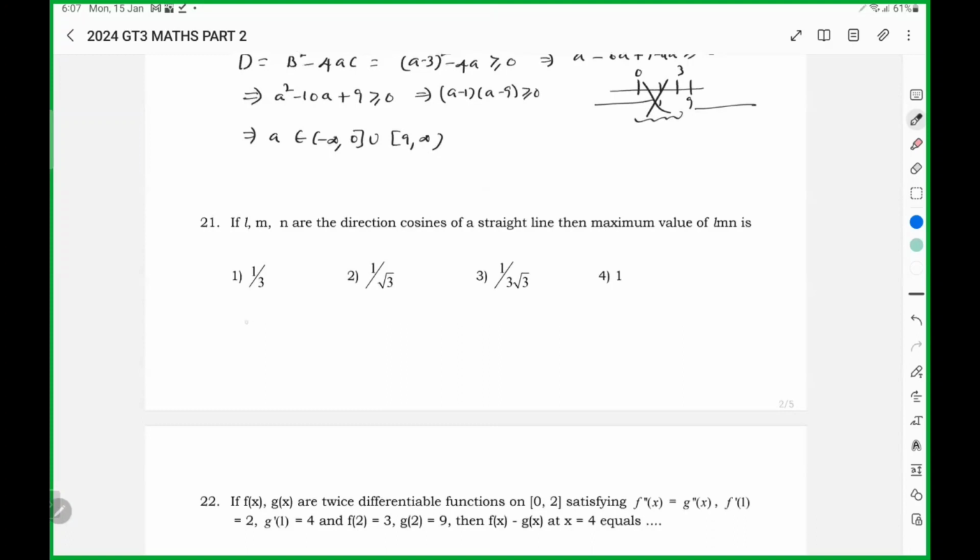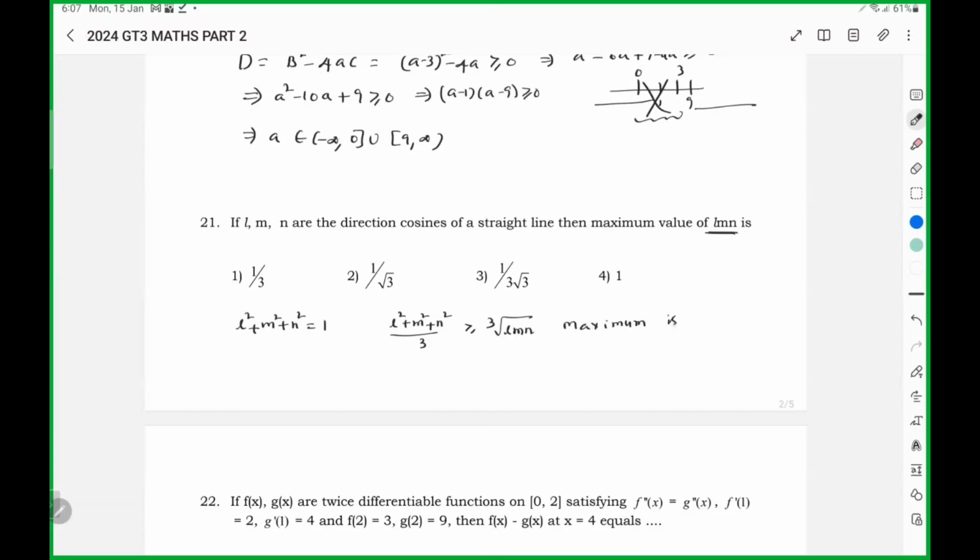Elements or direction cosines of a line, then this. So here the arithmetic mean is more than the geometric mean. He is asking the maximum value of lmn.